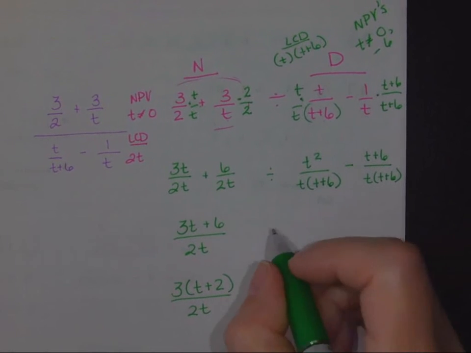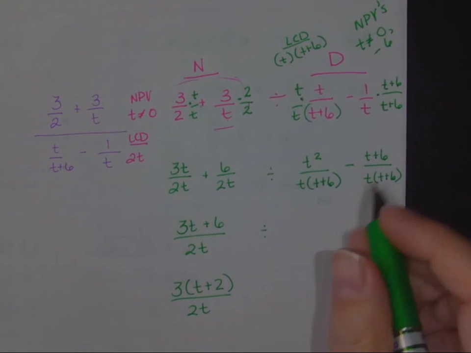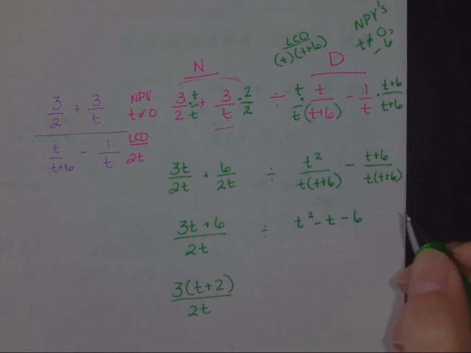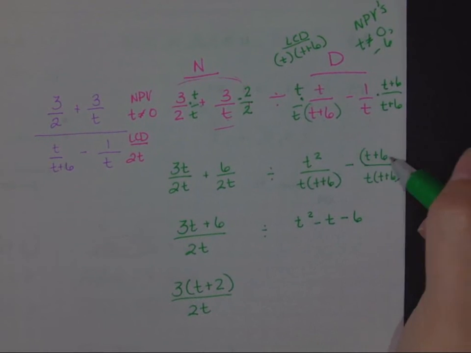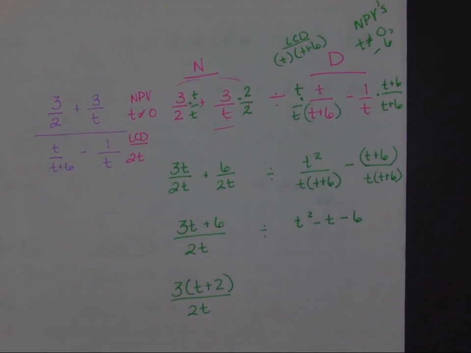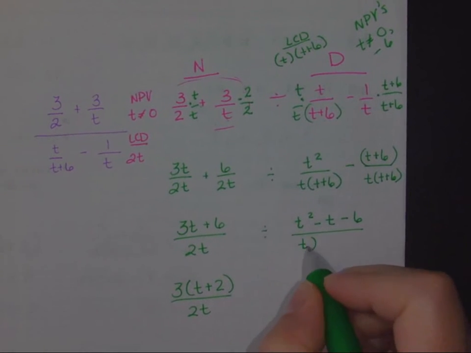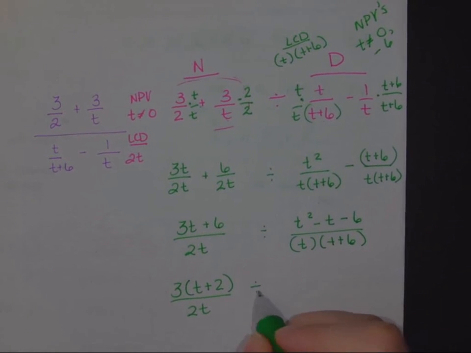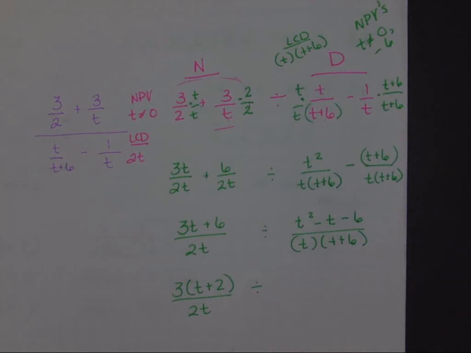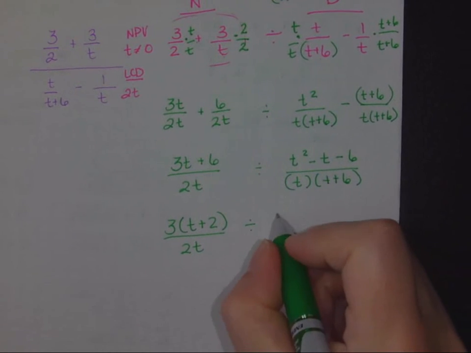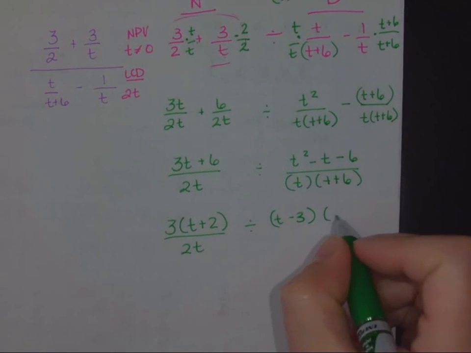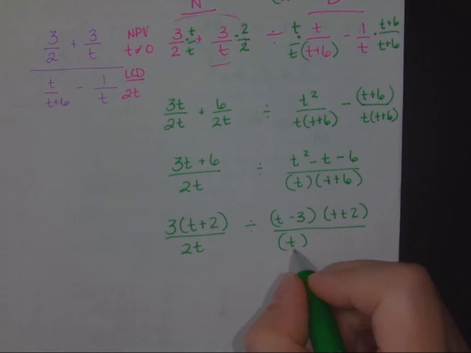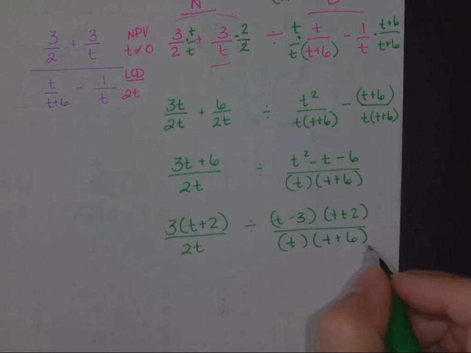If I simplify, I have t squared minus t minus 6, because that negative gets distributed through the whole set. So it's a minus 6 on top, all over t times t plus 6. I've got to factor that. So that's t minus 3, t plus 2 over t times t plus 6.